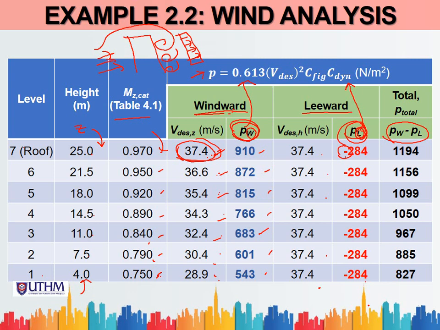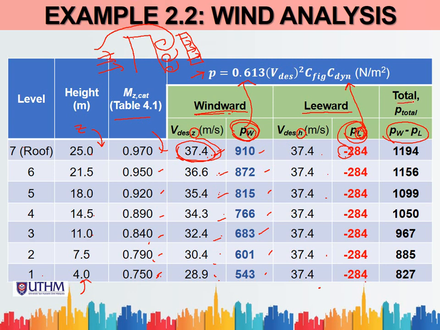So for V on the windward wall the symbol is Z, because the height is different for each level, and for the leeward wall we symbolize the height as H, because we take it from bottom to top as 25 meter.